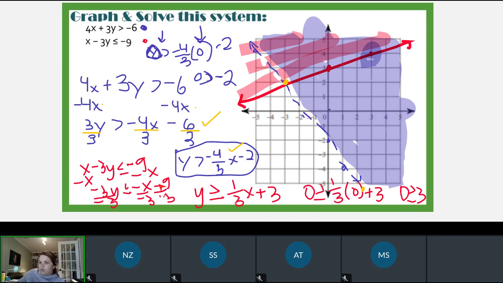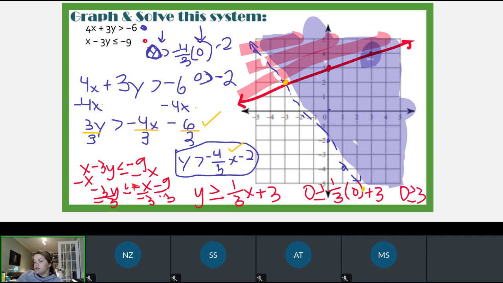Now, I wanted to get y by itself, so I divided everything by negative 3. With inequalities, when you multiply or divide by a negative, we have to flip our sign. If we don't flip our sign, that will mess up our shading.